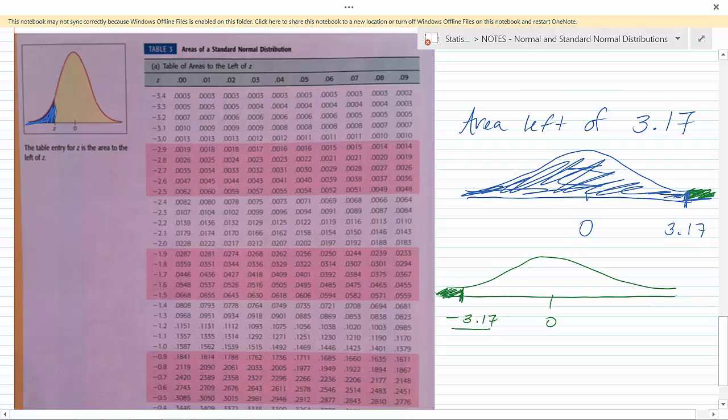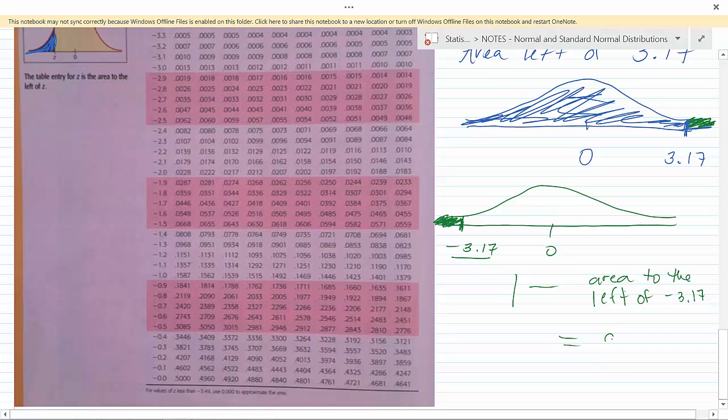So I could find this area to the left of negative 3.17, which is the same as the area to the right of positive 3.17, and I could say 1 minus that area is equal to the area to the left of positive 3.17.